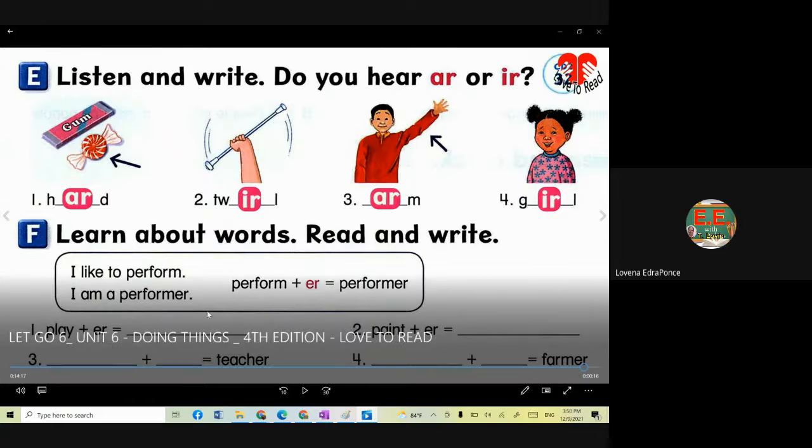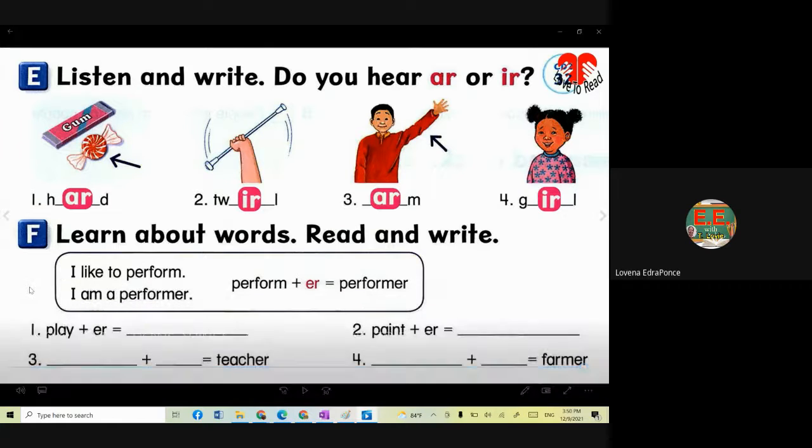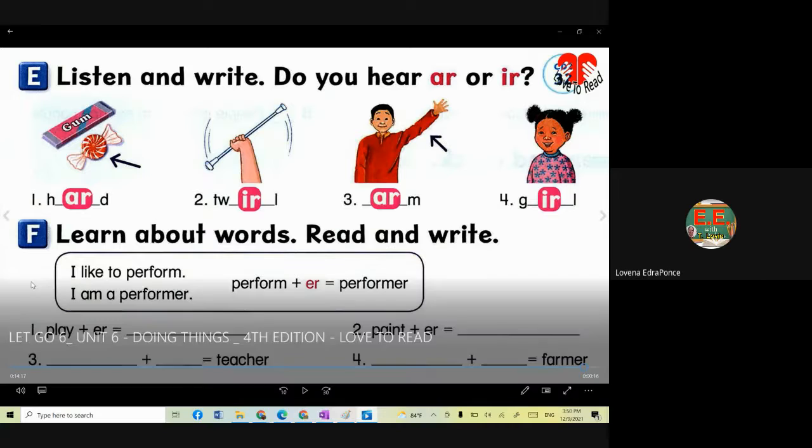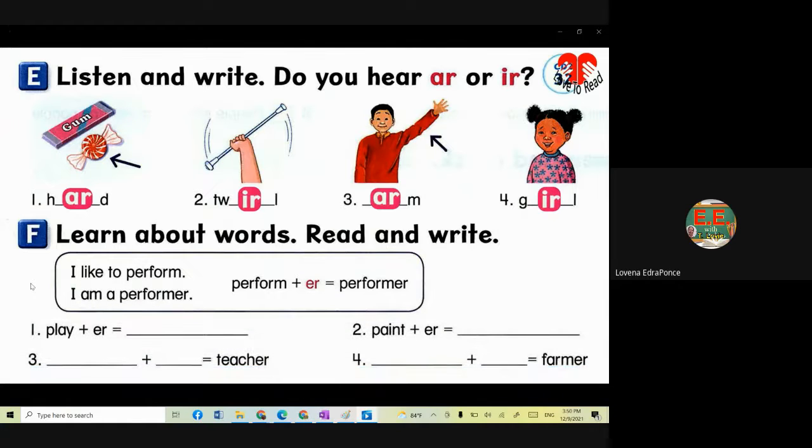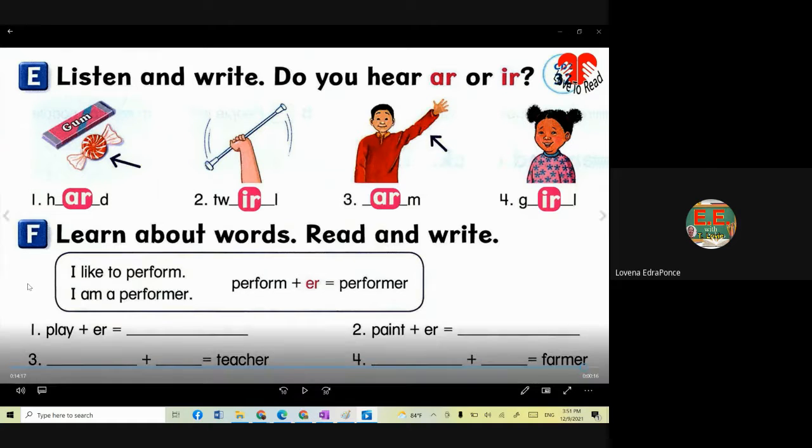For example, perform plus ER, performer, the person who does the action. For number 1, play plus ER, player. So the person who is playing or doing the action is the player.